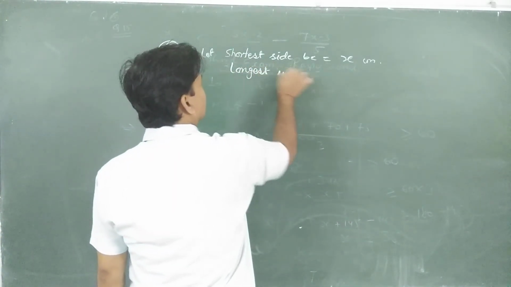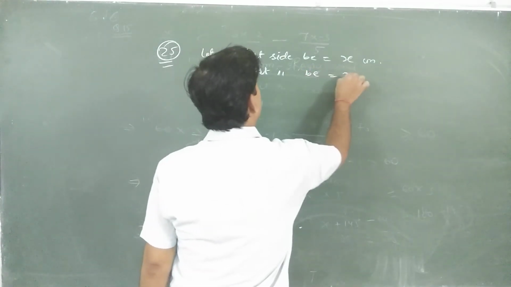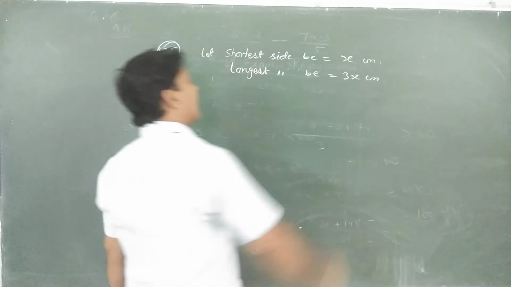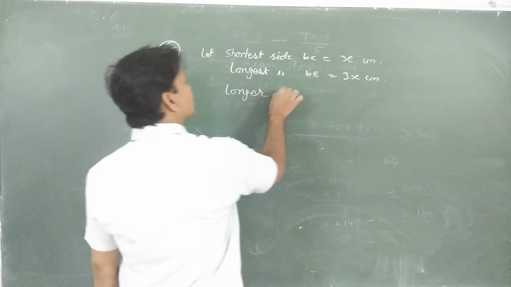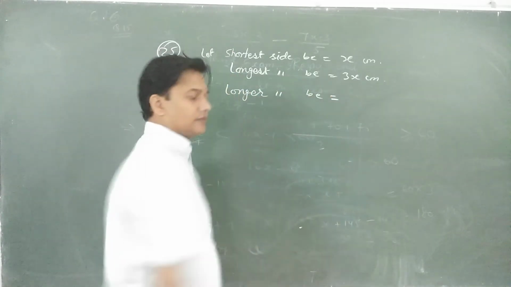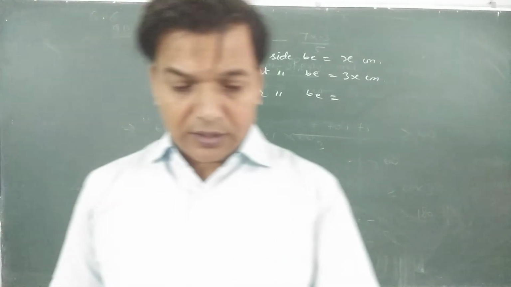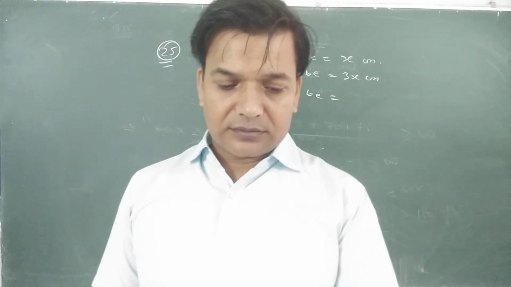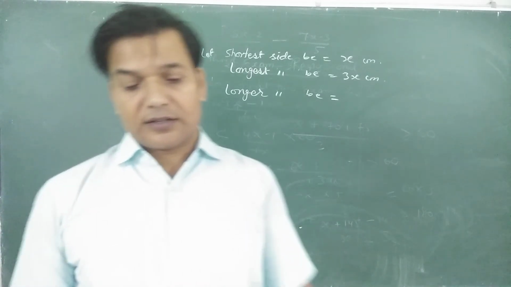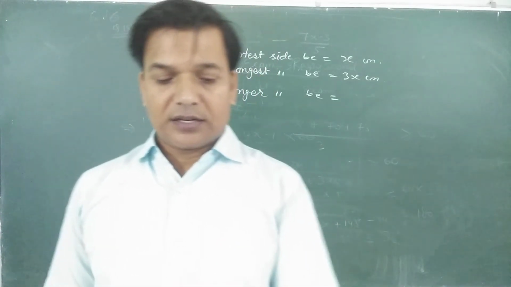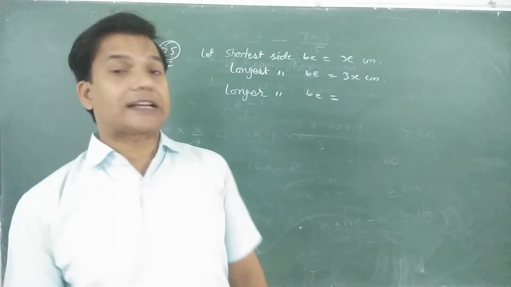And the longest side is 3 times of this one. The longer side is 2 less than the longest side, which means 3x minus 2 we can consider.